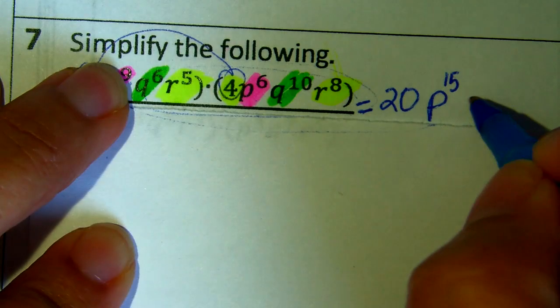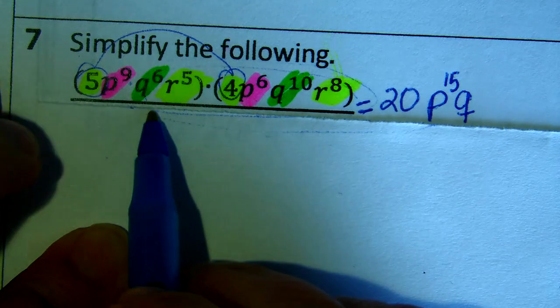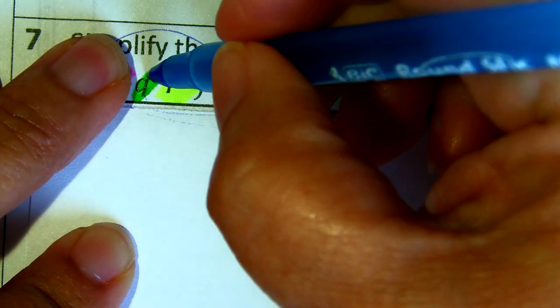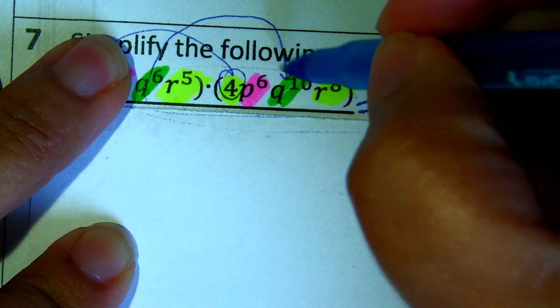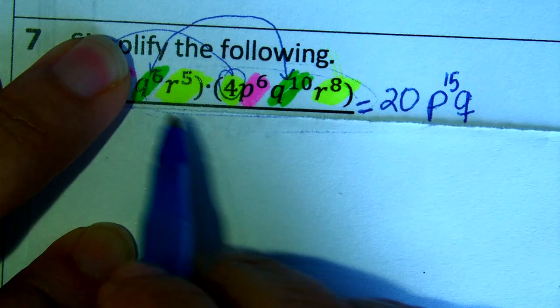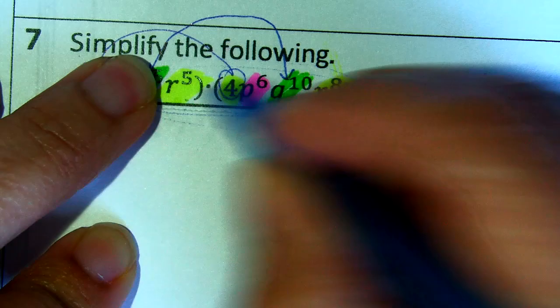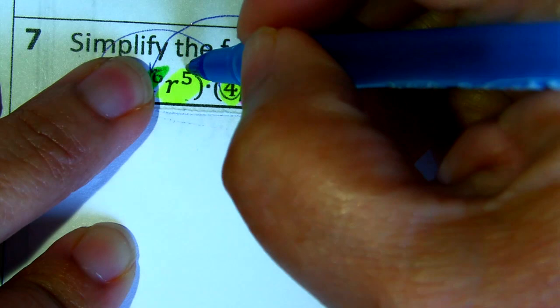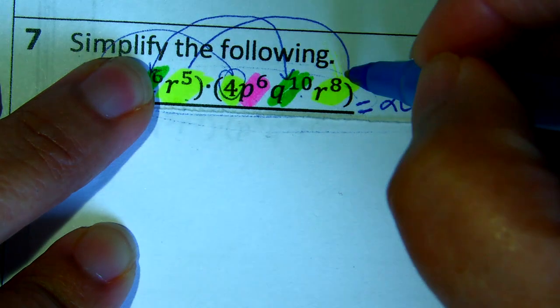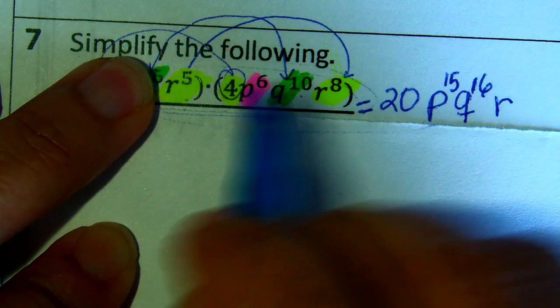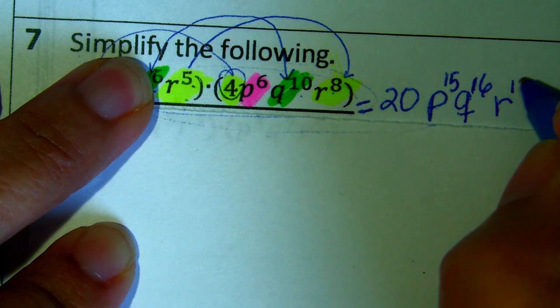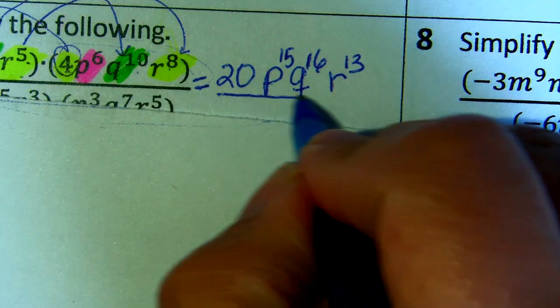Then let's move on to the Q. You have Q to the 6 times Q to the 10. So 6 plus 10, 16. Let's move on to letter R. R to the 5 times R to the 8. 5 plus 8, 13. Okay, so that's the part on the top. Let me put the line right here.